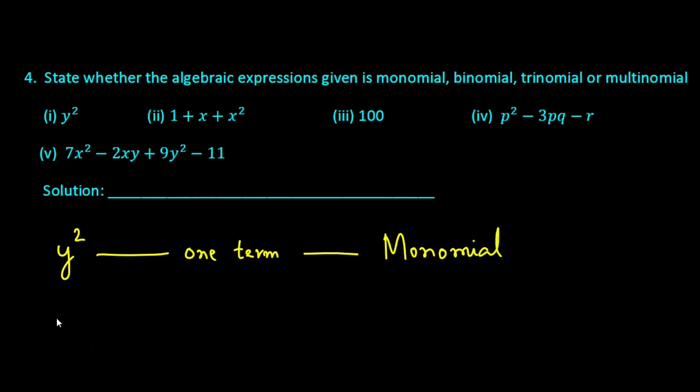The second one, 1 plus x plus x square. Here we have three terms, and they are unlike terms. So we can count them as three terms. We call it a trinomial.